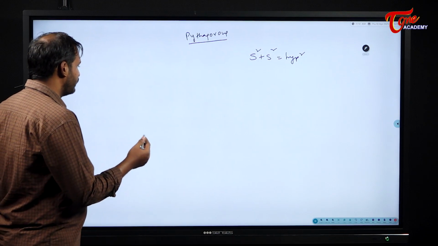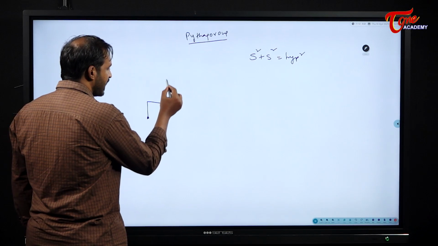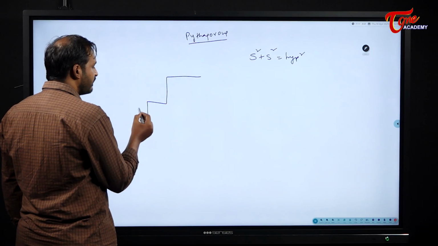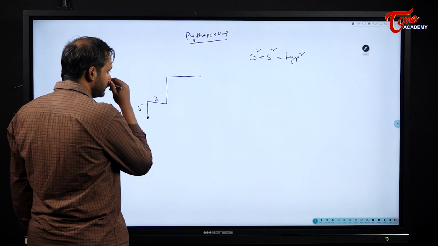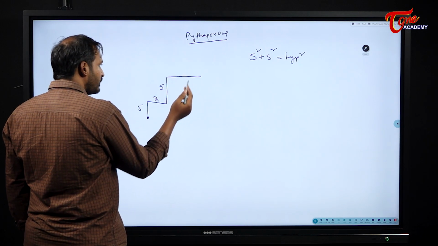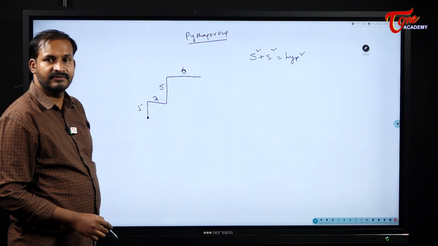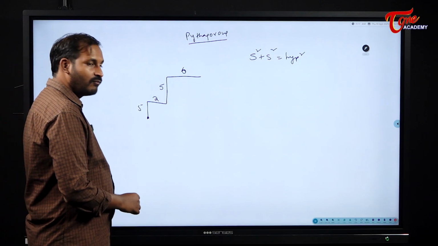Most of the times, what happens is, while solving the problem, for example, a person's tracking is like this. This is some 5, this is some 2, this is some 5, and this is some 6 or 7, something like this. Now please see here, what will happen?